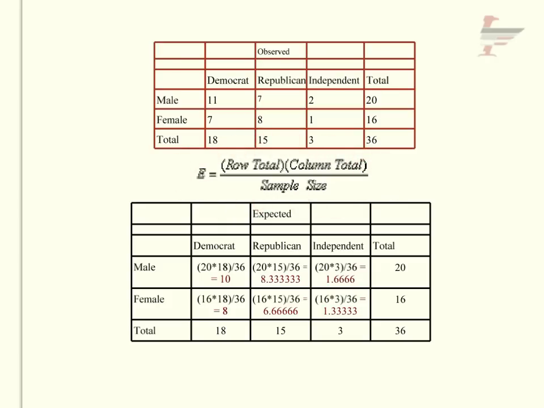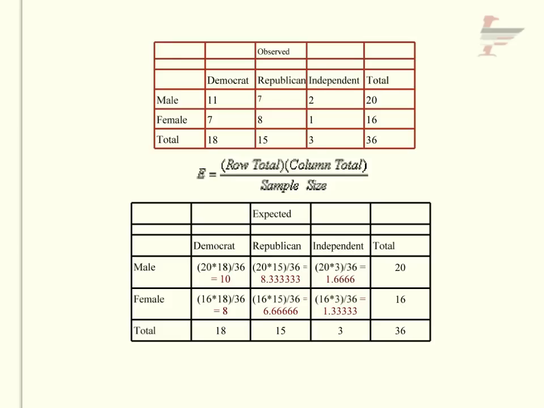We make use of this formula that we have. I showed this to you in an earlier slide. So for each cell in our original two-way table for the observed counts, we are going to take the row times the column divided by the sample size to get these expected counts, so we can prove that all of them are greater than 1 and most are greater than 5.